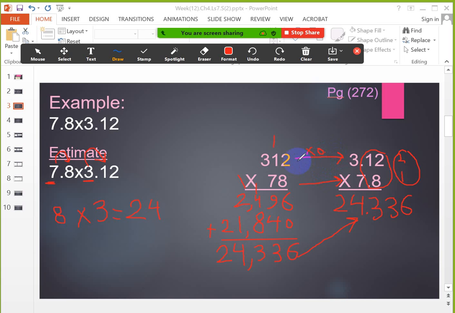No, we have to multiply it with 0.01 because look, the number here has 2 digits after the decimal point. So to return from the whole to the decimal number, I have to move the decimal point 2 digits. That means I have to multiply it with 0.01 or hundredth. And this number I will multiply with 0.1 tenth.